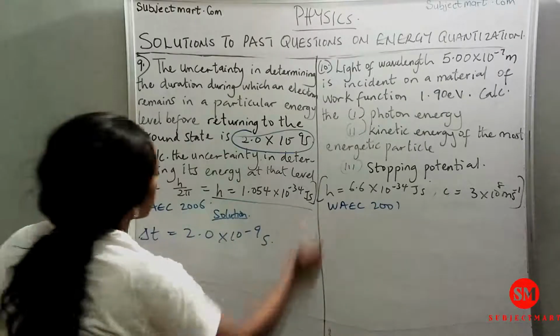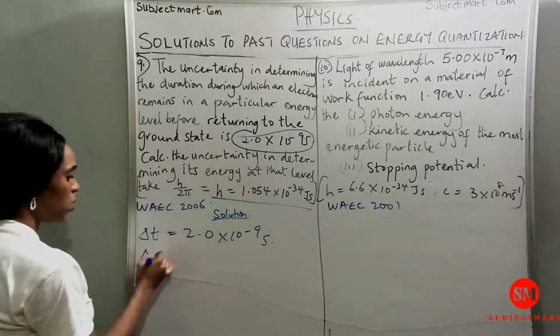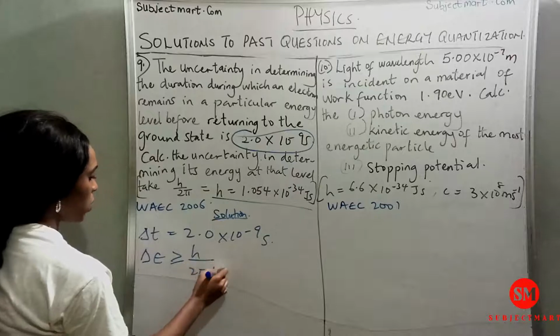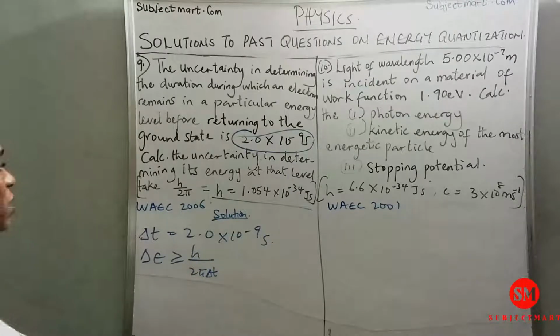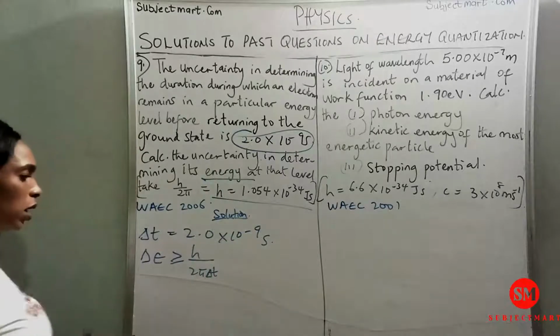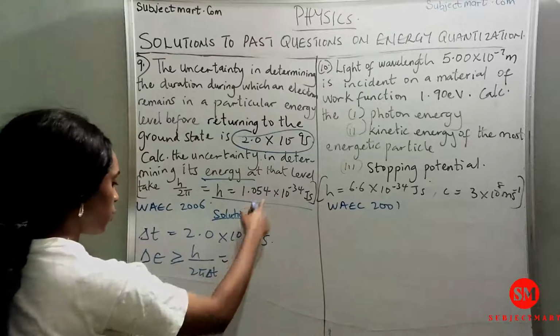And we have this H over 2 pi. So you recall that delta E is greater or equals to H over 2 pi delta T. So the question here is saying that we should determine the uncertainty in energy, which is delta E. And this will give us our H over 2 pi already we've been given.